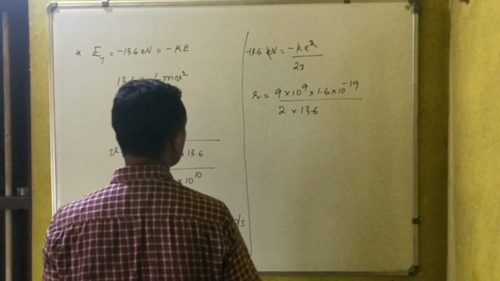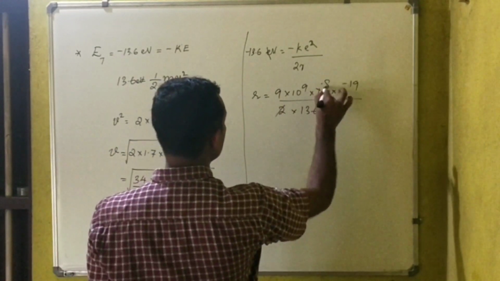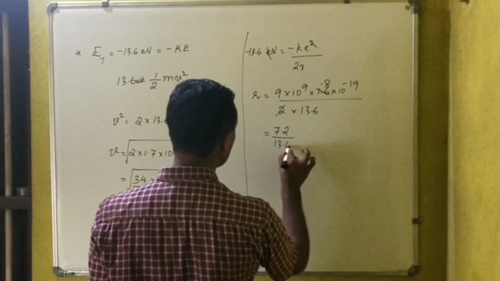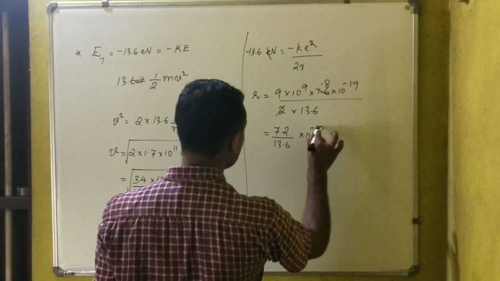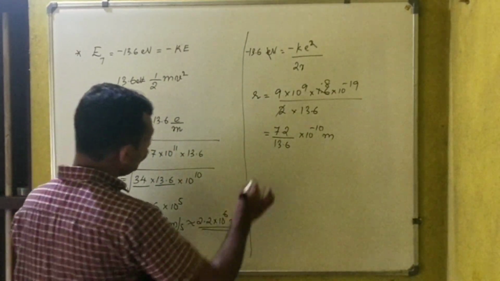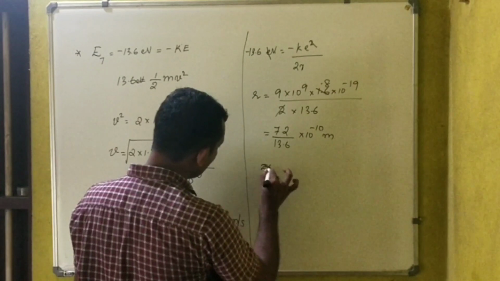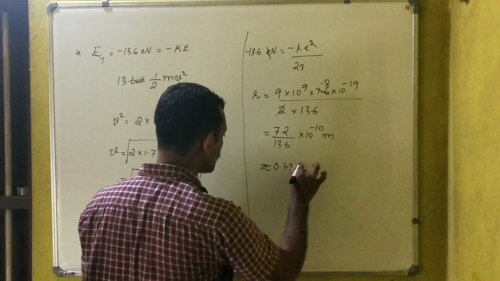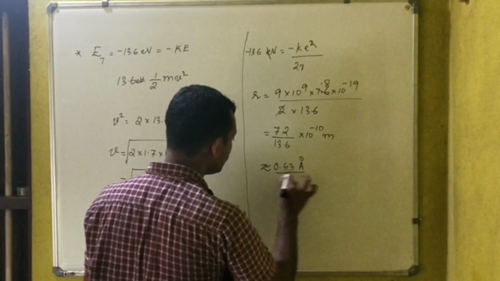Yes, we can guess the answer. This is 7.2 divided by 13.6 into 10 to the power minus 10 meter. So we can say approximately 0.53 angstrom. That's the answer for the radius.